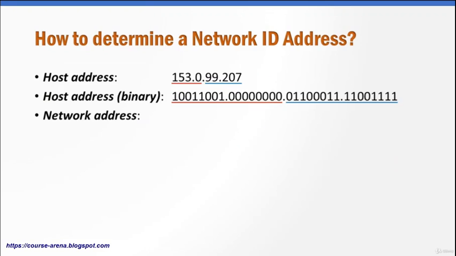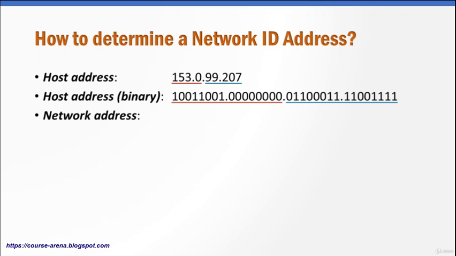We're just going to look at one more example of how to determine a network ID address and how to determine a broadcast address. In this example, we're going to use host address 153.0.99.207, and this is the binary representation of this address. The red part is going to be our network portion, and the blue part is going to be our host portion.